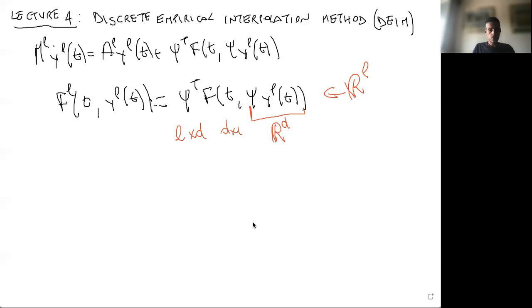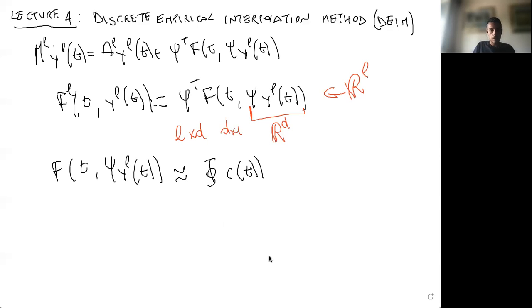Therefore, what we propose is to approximate F(t, psi y_L(t)) in this form as some orthonormal matrix times c of t. In other words, we want to write it as a linear combination of c_i(t) phi_i, i goes from 1 to k.